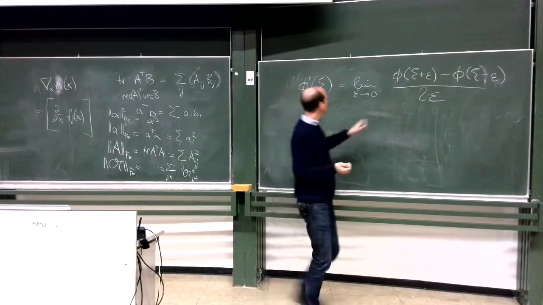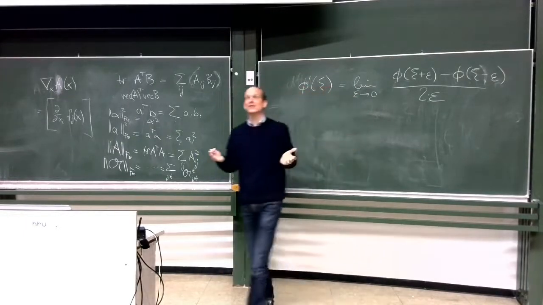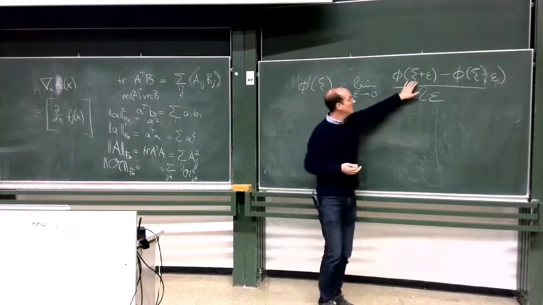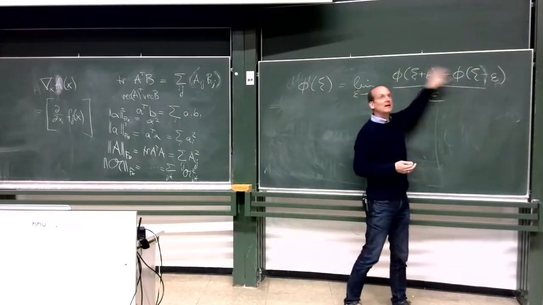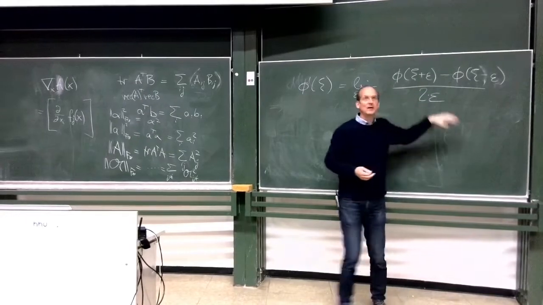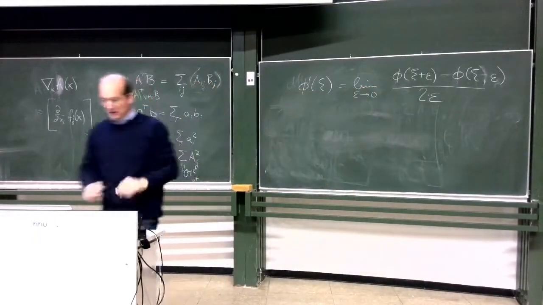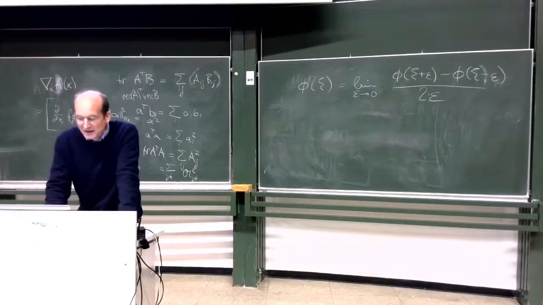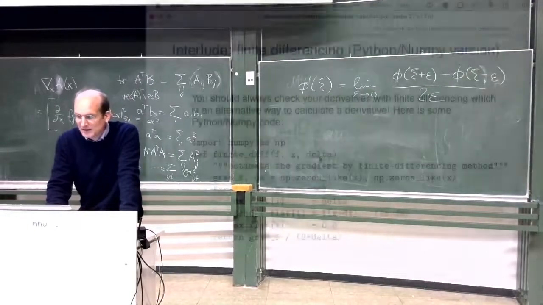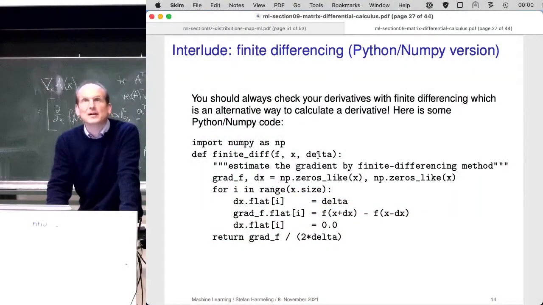I can just take a small epsilon, like 10 to the minus 5, add it to my input and subtract it, and calculate the difference divided by 2 times epsilon. Let's look at the code. That is exactly what we are doing, only that here this epsilon is called a little delta, and at the end we divide by 2 times delta.